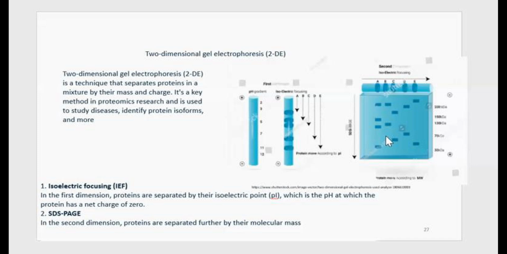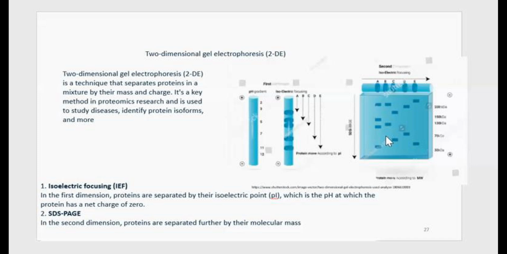The protein will be in the zwitterionic form, it will come to net charge zero, then it will stop moving. Initially the proteins will be migrating in both directions depending upon their pI values. Some of them will move to the cathode, some of them will move to the anode, and that migration will go on until they reach their isoelectric points and become stationary.